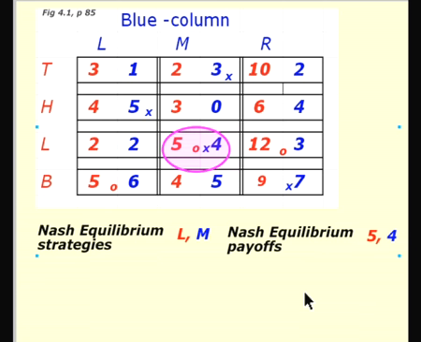When you sit down and work them out, you find there's a pair of strategies here, L and M. A Nash equilibrium, or sometimes we'll just say equilibrium, dropping the adjective Nash, is a pair of strategies, or in many-player games, a whole list of strategies. Now remember, when you're playing this game, you only get to choose your strategy. So what's the other member of the pair? That's your beliefs about what the other guy is going to do.